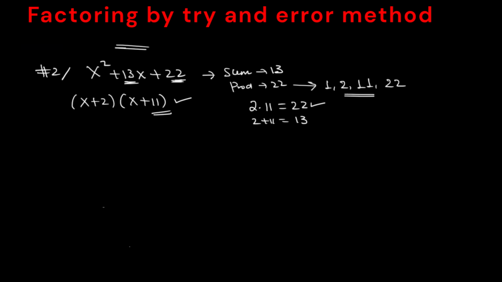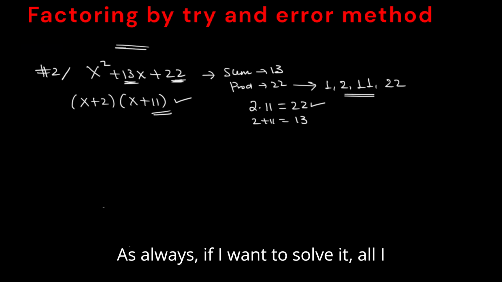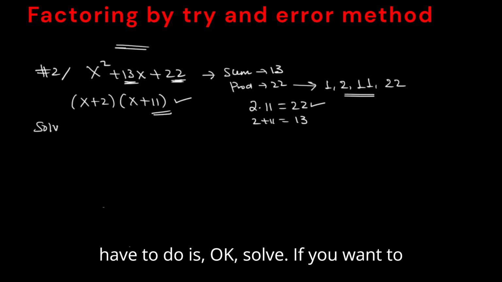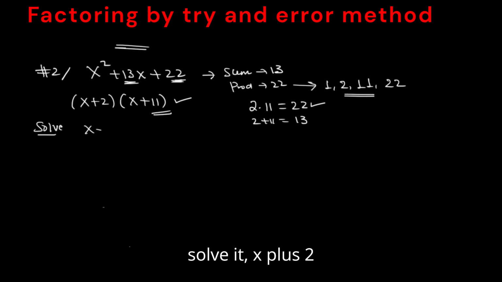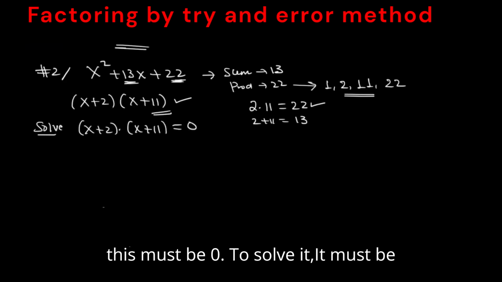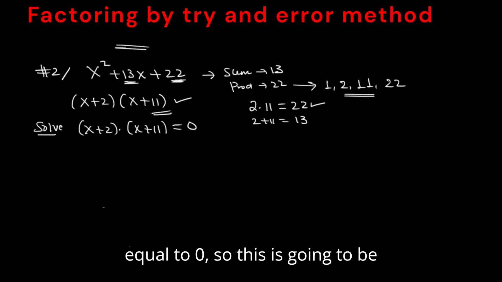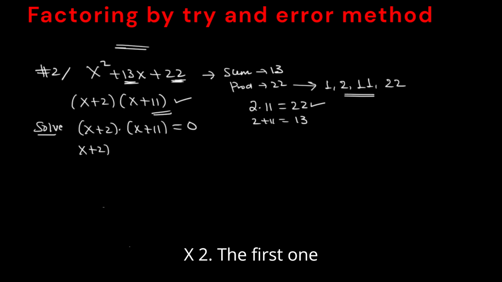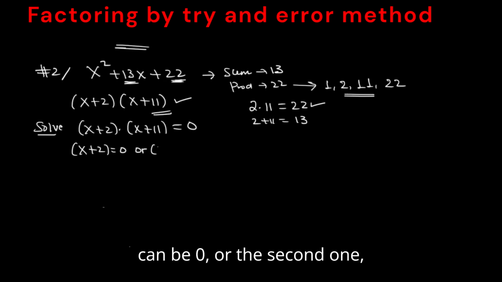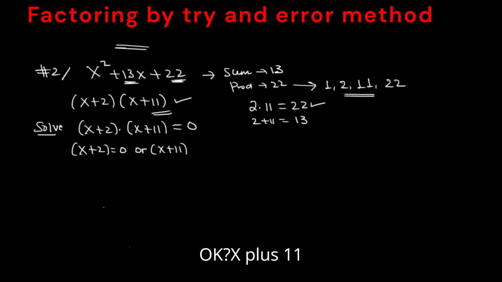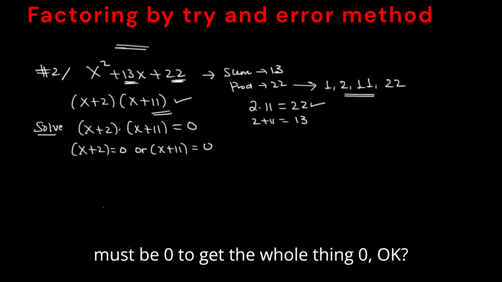I factored it. As always, if I want to solve it, x plus 2 times x plus 11 must be equal to 0. So the first one, x plus 2, can be 0, or the second one, x plus 11, must be 0 to get the whole thing 0.